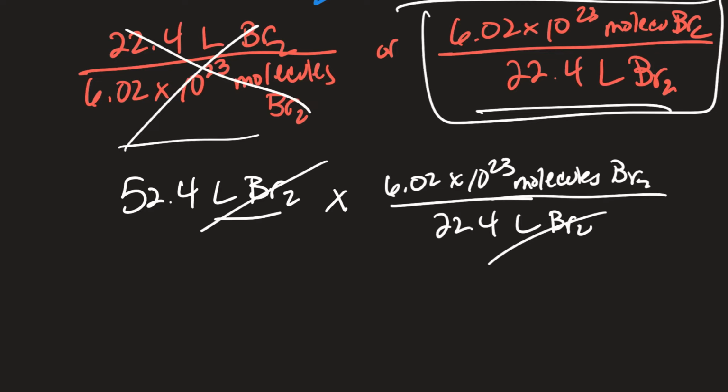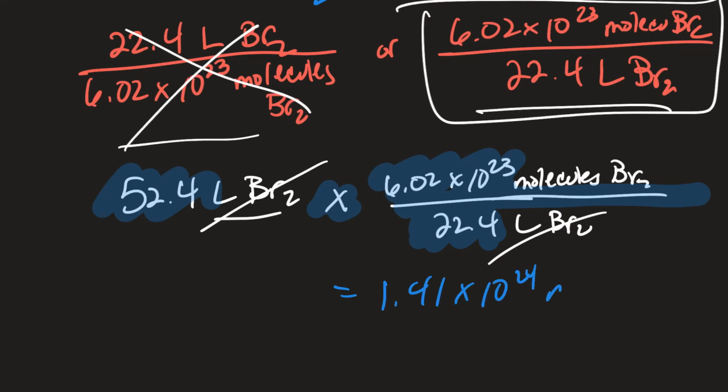So liters of Br2 will cancel out. And then you'll simply, in your calculator, do 52.4 times 6.02 times 10 to the 23rd divided by 22.4. When you plug this into your calculator, you should get 1.41 times 10 to the 24 molecules of bromine. All right, and so that's the big rundown on mole conversions.